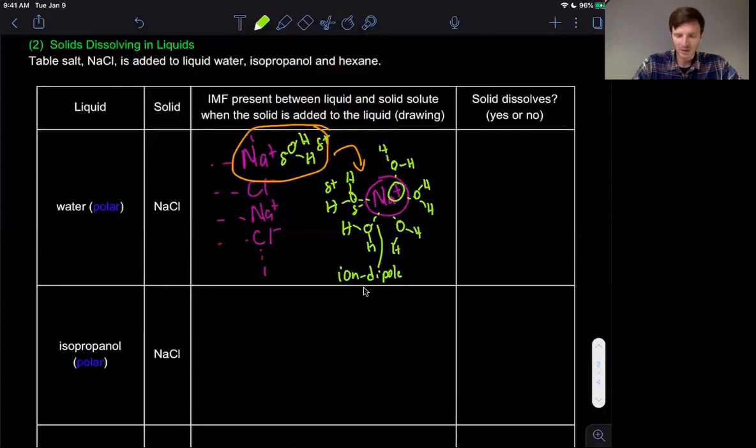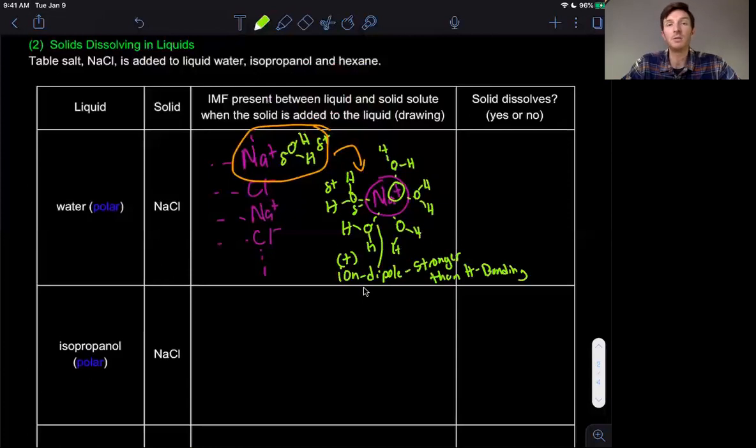And so now we have this fully +1 charge interacting with this partially negative oxygen charge, maybe of something like -0.5. That's going to be a stronger attraction than a -0.5 attraction with a +0.5 attraction. And so because of that, our ion-dipole attractions are actually stronger than hydrogen bonding.